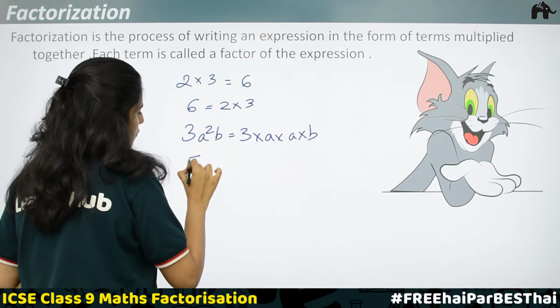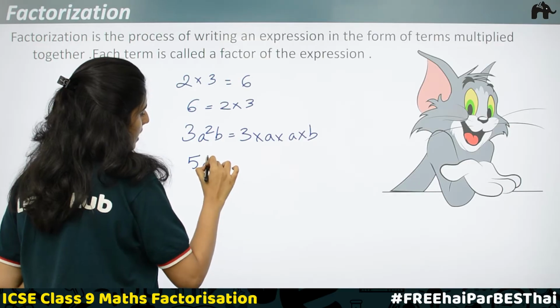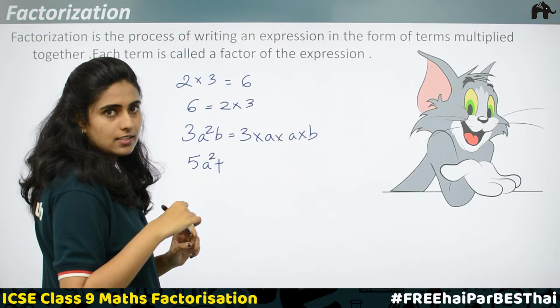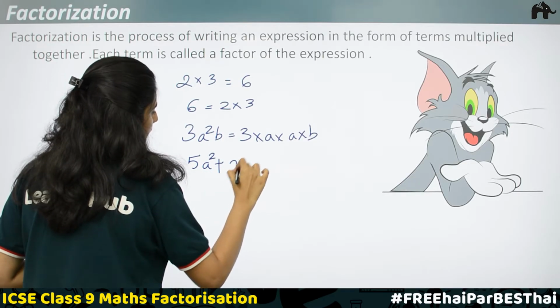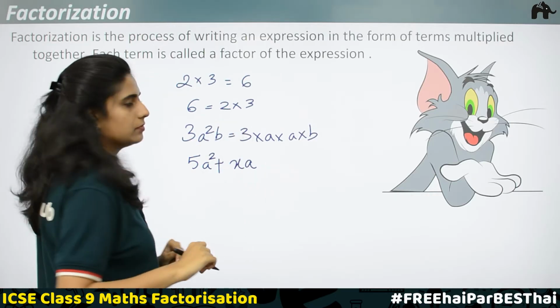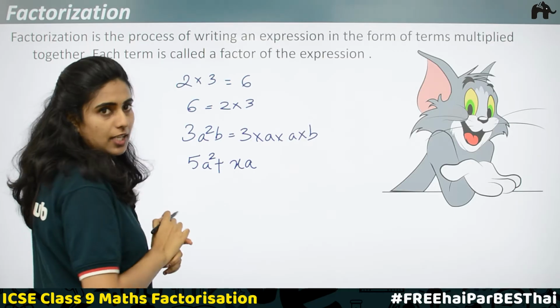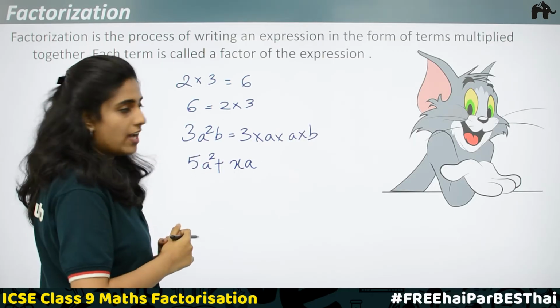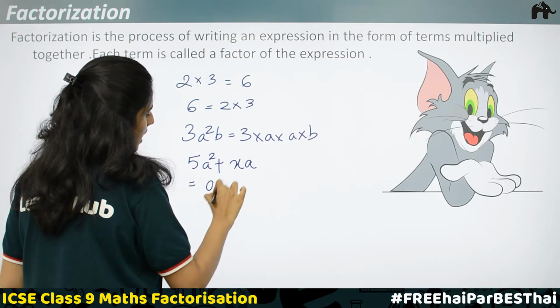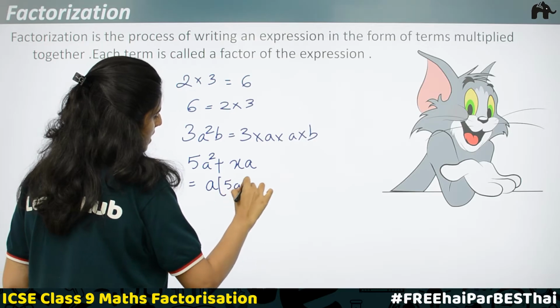For example, 5a square plus xa. So here this is an algebraic expression which you are going to find the factors of. This can be written as a into 5a plus x.